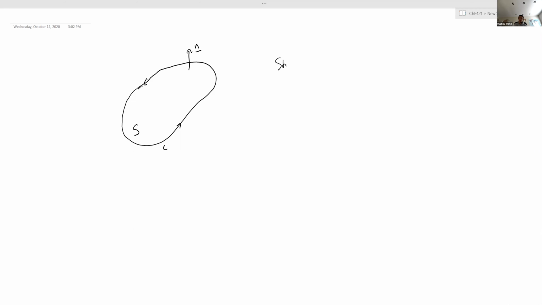Stokes' theorem says that the integral of n dot del cross v dS, evaluated over our surface, is equal to the contour integral around that surface.